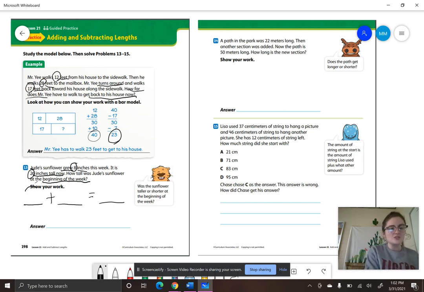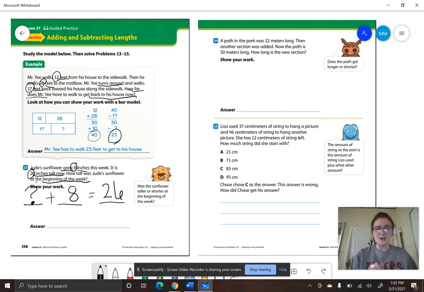No. Let's write a question mark right here. How many inches did it grow? It grew 8 inches. And how many inches tall now is it? 26 inches. So we need to find out how many inches tall it was at the beginning of the week.